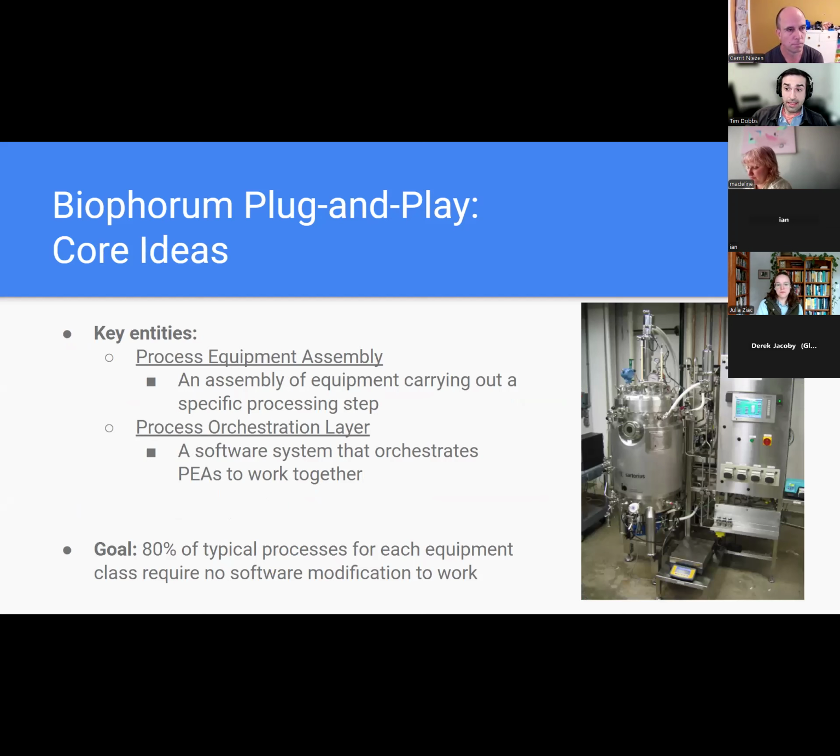The core way that they talk about doing this is they say there's two things: a process equipment assembly and a process orchestration layer. They abbreviate these, so it's a PEA and a POL, which I think is fun. The PEA is an assembly of equipment carrying out a specific process step. So this is very chemical engineer thinking.